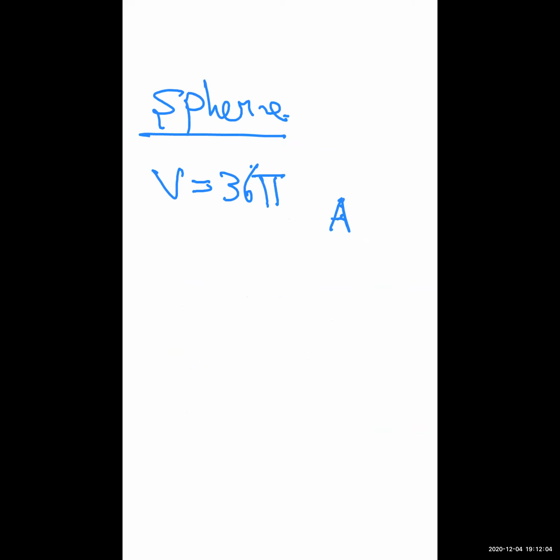Now the rule of the volume of the sphere is 4 over 3 π r cubed. So it will equal what? 36π. Now, guys, we can remove π and this π. So now 4 over 3 r power 3 equals 36.